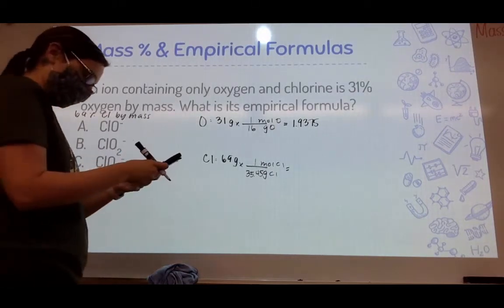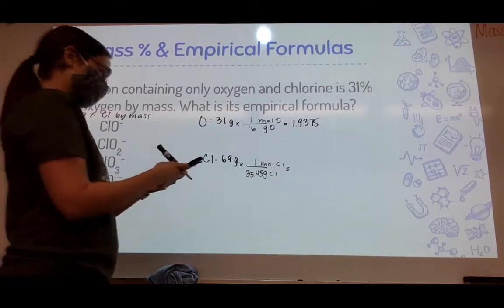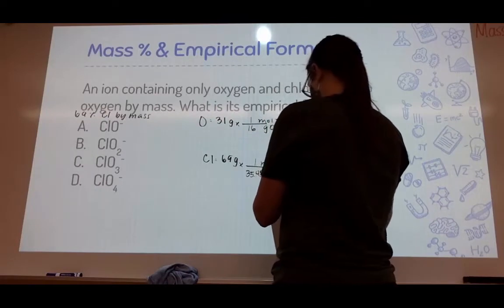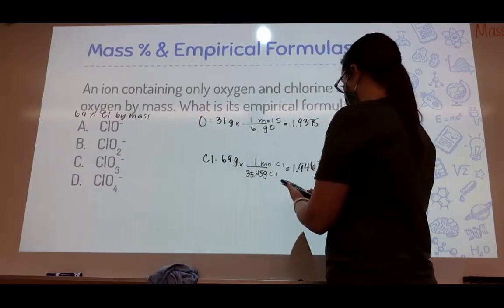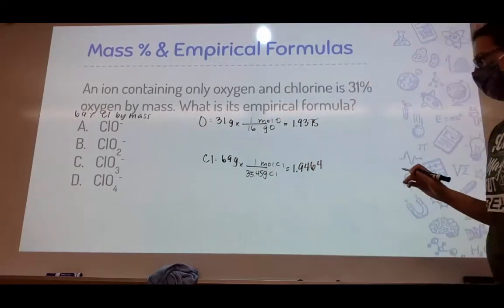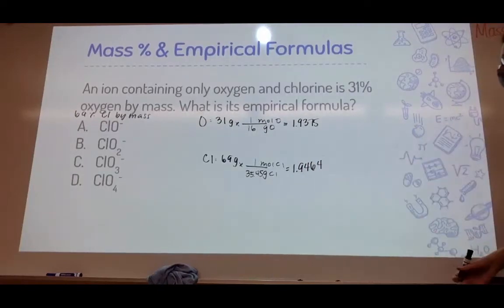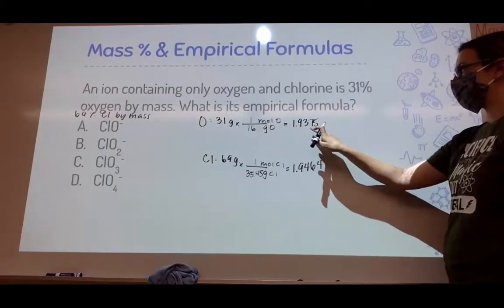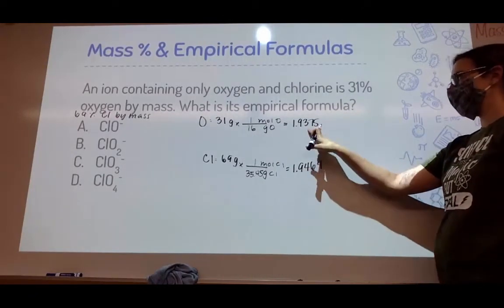So 69 divided by 35.45 is 1.946. All right, I'm going to go out to the same number of significant figures. So we went percent to grams. We went grams to moles. The next thing is to divide by the smallest. So which of these numbers is smaller?